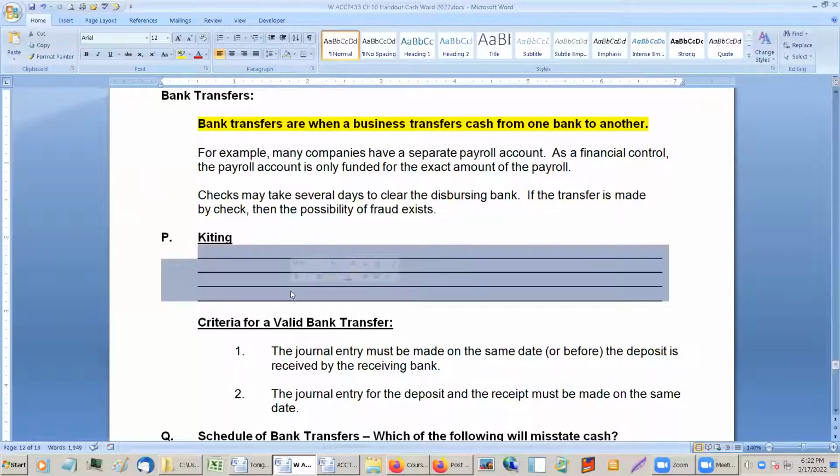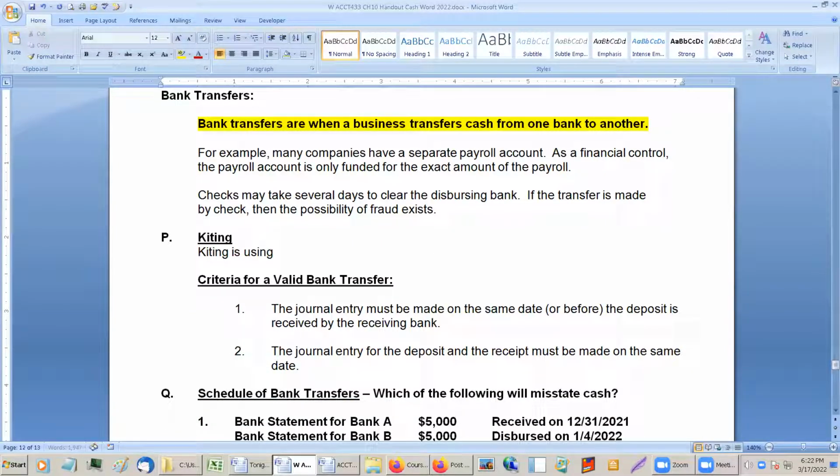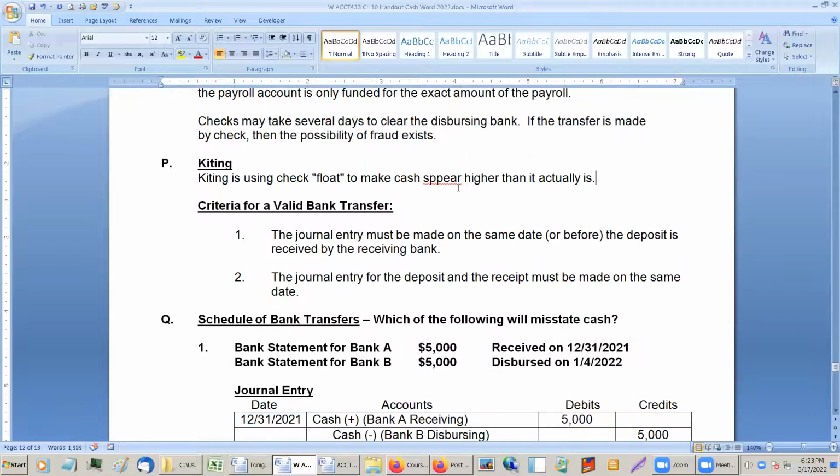The person holding the kite is in one area, but the kite is over a different area, so it looks like it's in both places. So kiting is using check float, the time it takes for a check to clear.